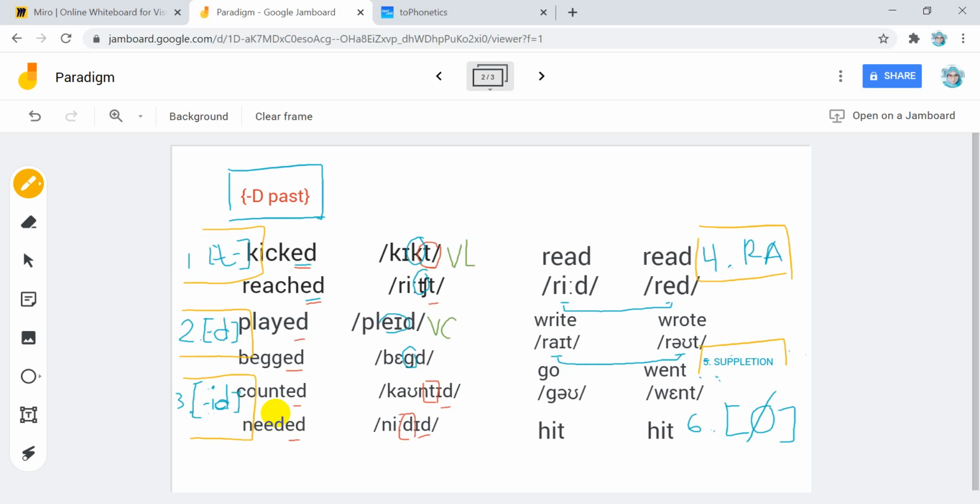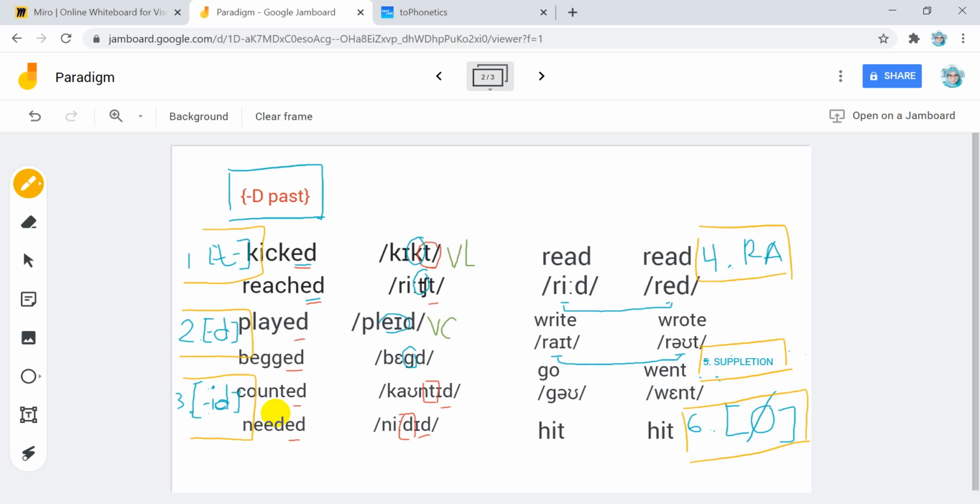The fifth paradigm is suppletion, and the last one is zero morpheme. Okay, so those are the paradigms for S plural and the past form. Now, what about the S ending for third person singular and for past participle? Why don't you try to make it?